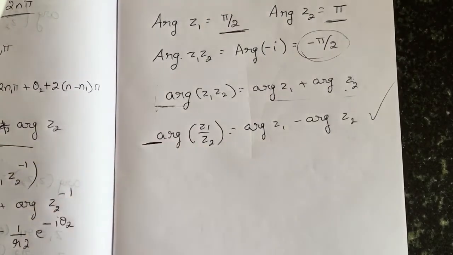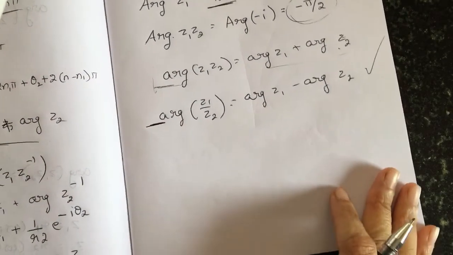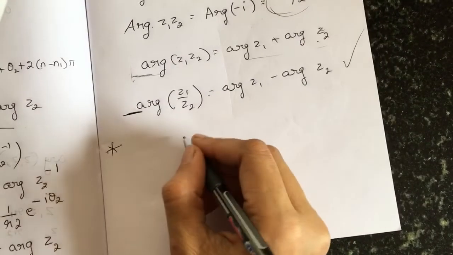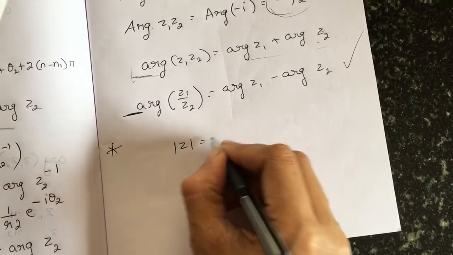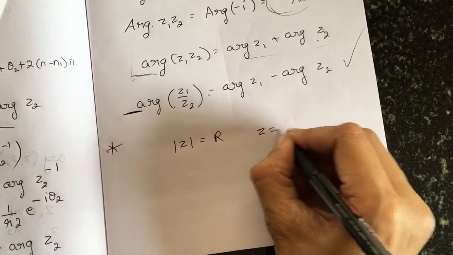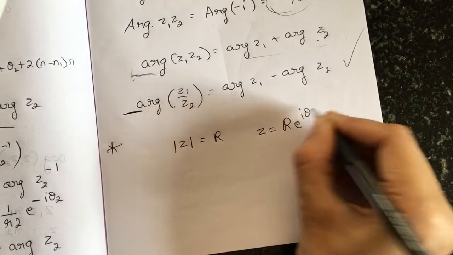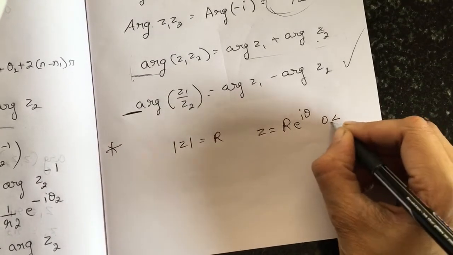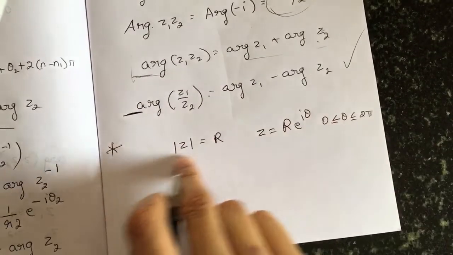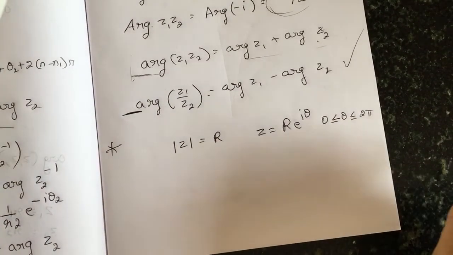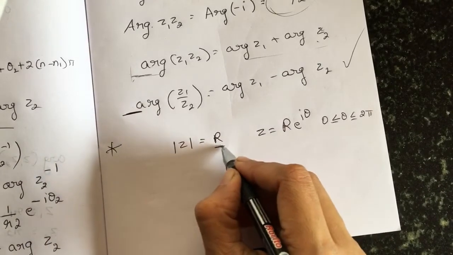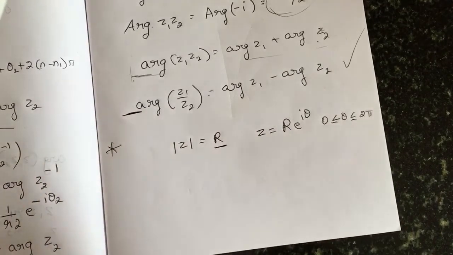Now let us move forward. Now we know that mod z equal to r is written as, say, z equal to r e power i theta, where theta lies between 0 and 2 pi. This represents a circle with counterclockwise rotation, of radius r and center at the origin, right?